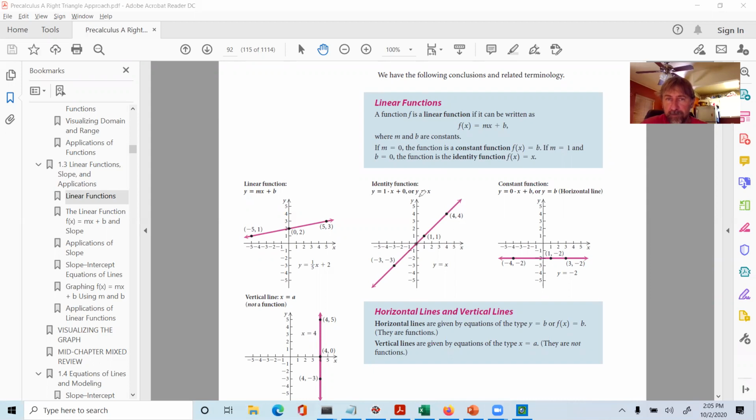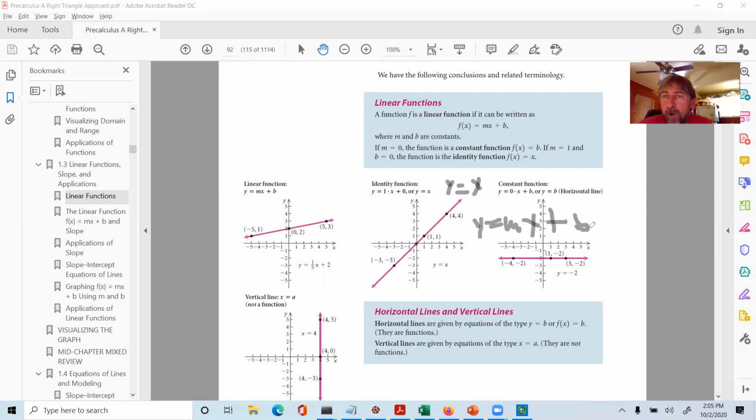That was that m equals 1. This is the equation y equals x. If we put it in y equals mx plus b, m is 1. We're talking about y equals x for a moment.